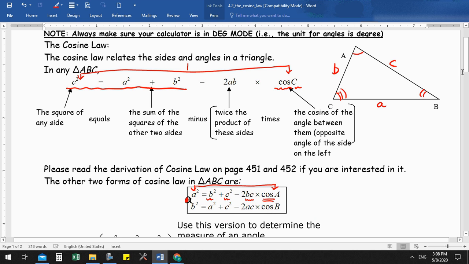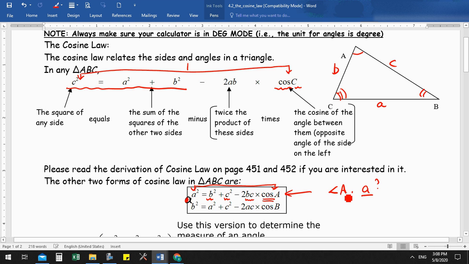Same thing for B. And why do we have three different forms of the cosine law? When you are solving for angle A or side A, you are going to pick this form. So you look for side A, then A squared needs to be by itself.